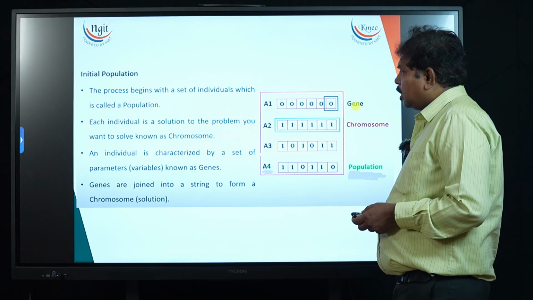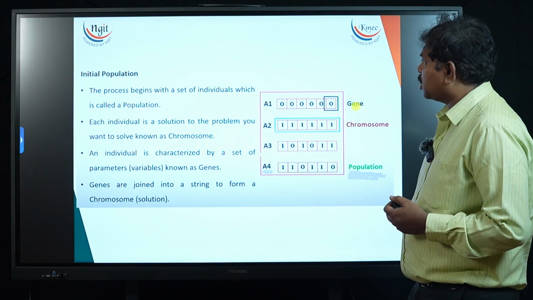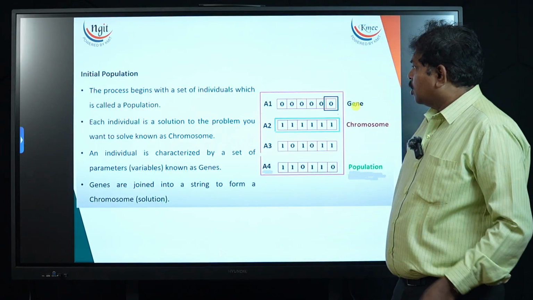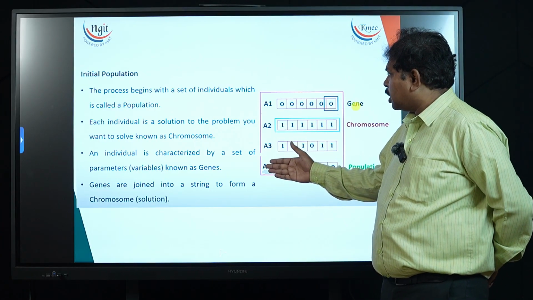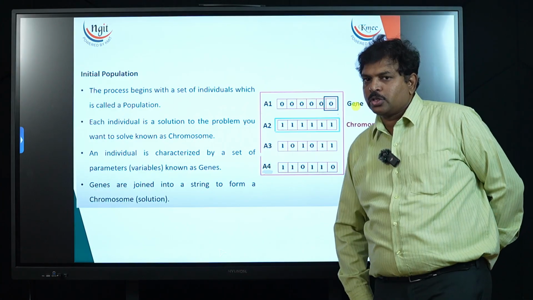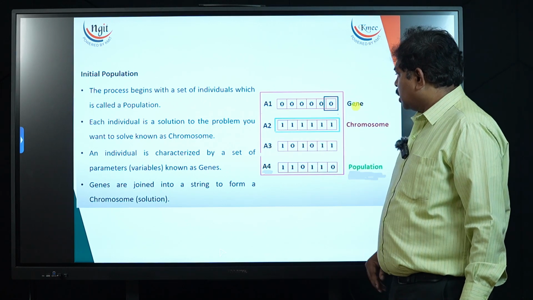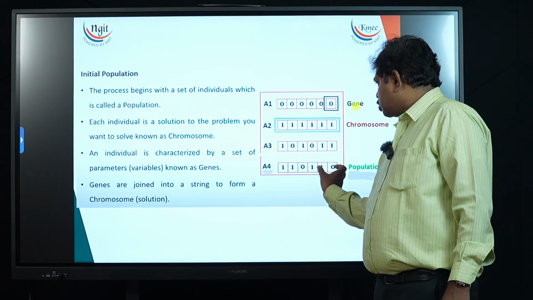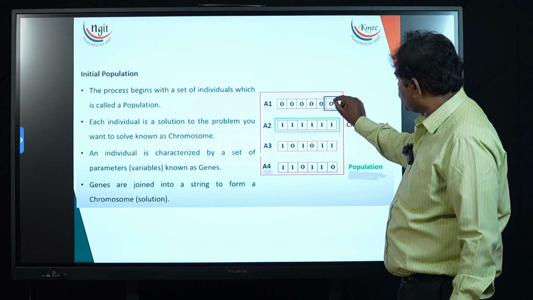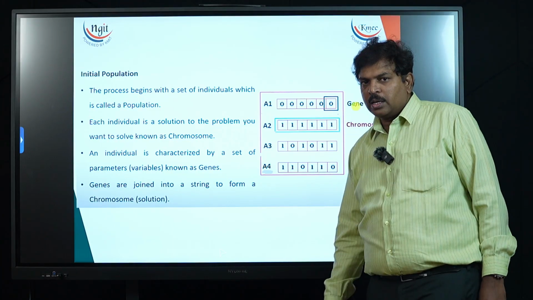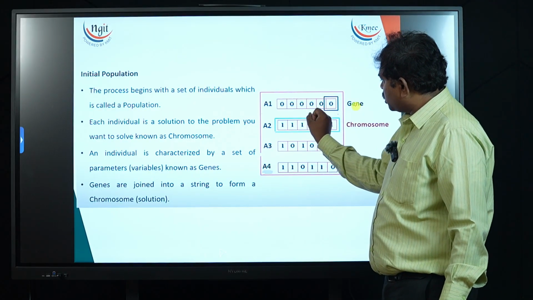Now let us see how it is done. The first step in this genetic algorithm is the initial population. There are four individuals, A1, A2, A3, A4. Here we say not a population but four solutions of our problem. Each individual is a solution to the problem, made up of characters like 0 and 1, which we treat as the genes of our problem. The combination of genes together forms a chromosome.